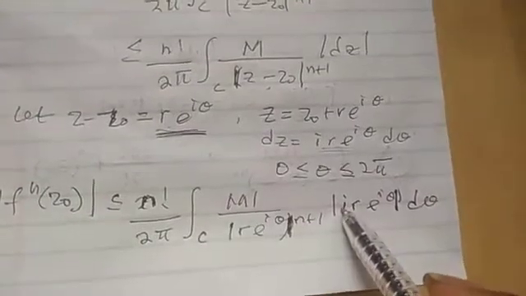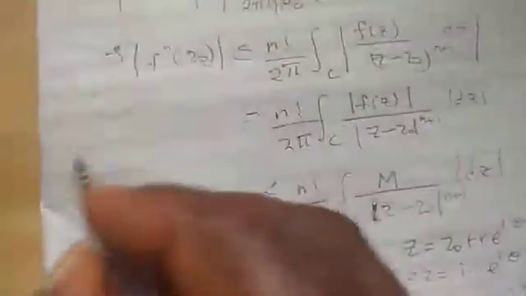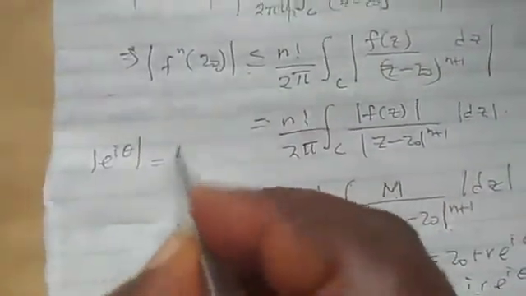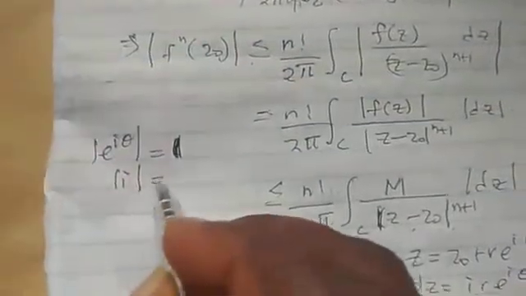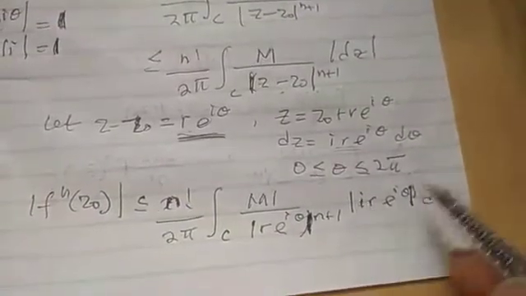Now, from this place, in the absolute value we make i to be 1. Also, we know that the absolute value of e^(iθ) is 1 as well. The absolute value of i is also 1. So in that case, all the i will leave.